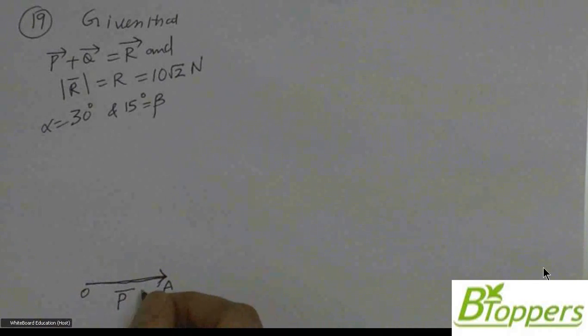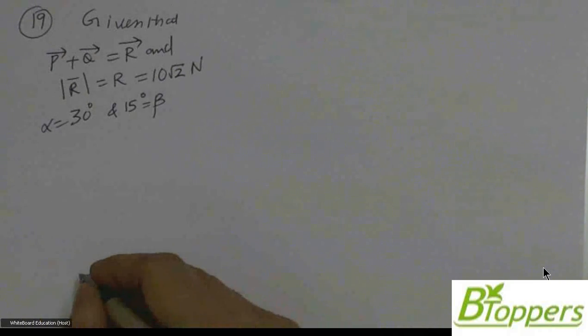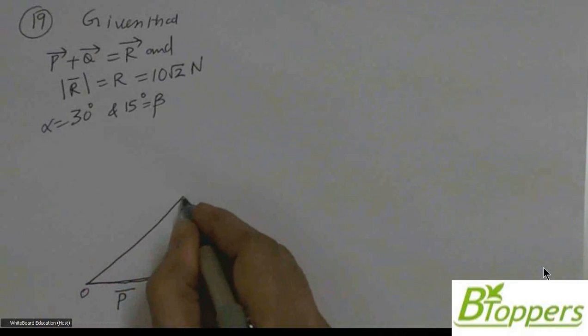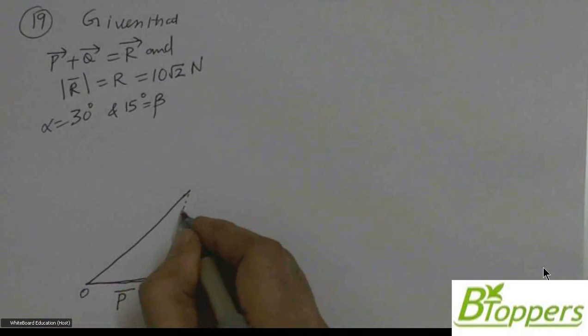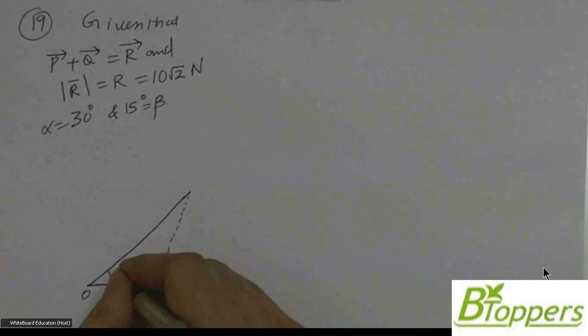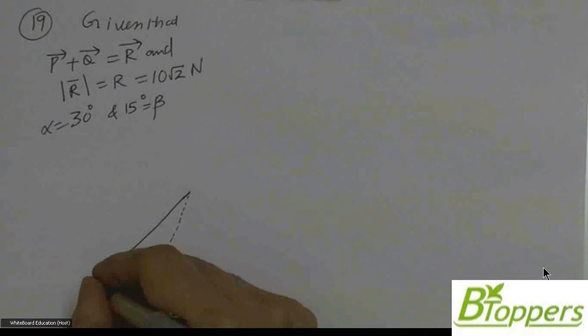So the directed line segment OA bar represents the first vector P bar. Given that the resultant R bar makes an angle alpha with the first vector P bar.